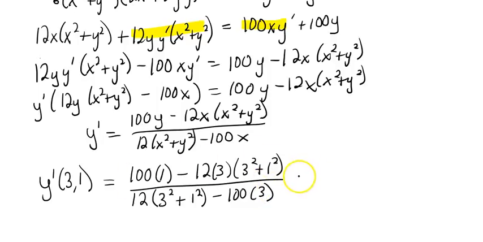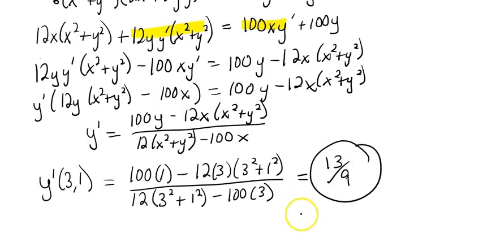And once you get that all simplified down, you get 13 over 9. And so this would be the slope of the tangent line at that point (3,1). So it's the same exact process, except now we have x and y, so you plug in for both.